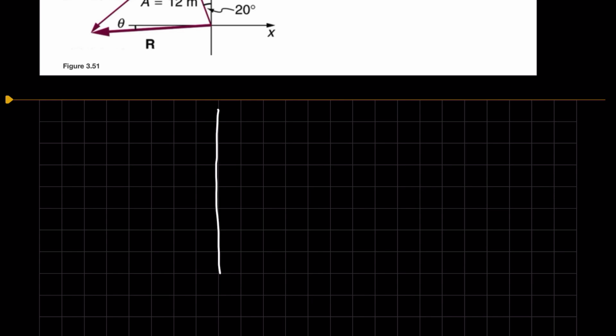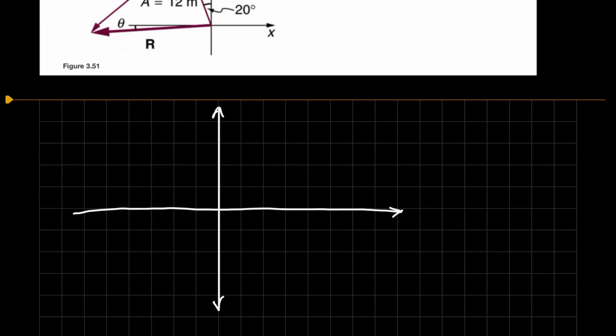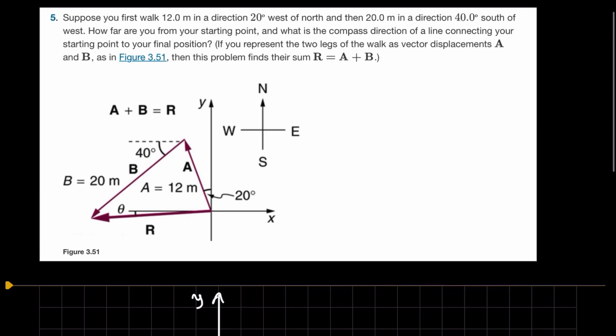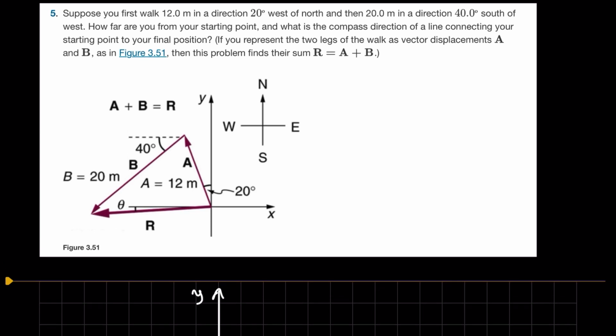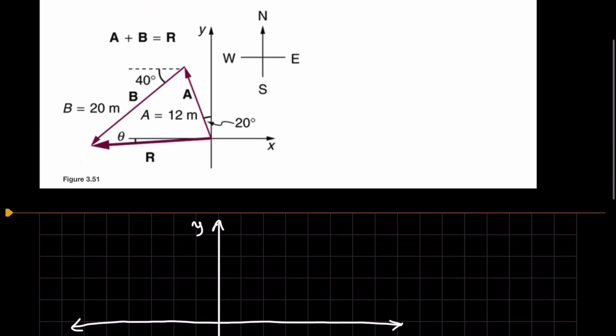So let's take a look at this. I'm going to redraw the coordinate system, x and y. One of the things you have to do is translate north, south, east, west, those directions into your Cartesian coordinate system.